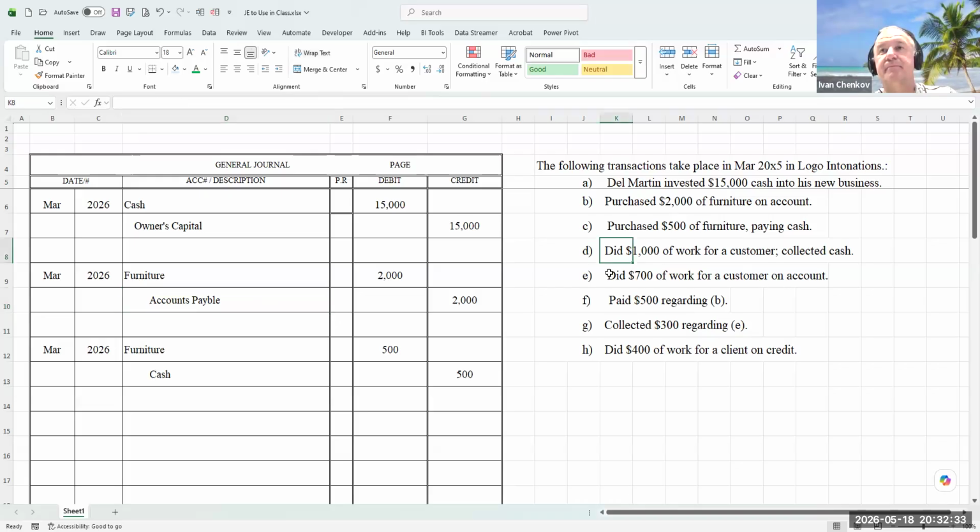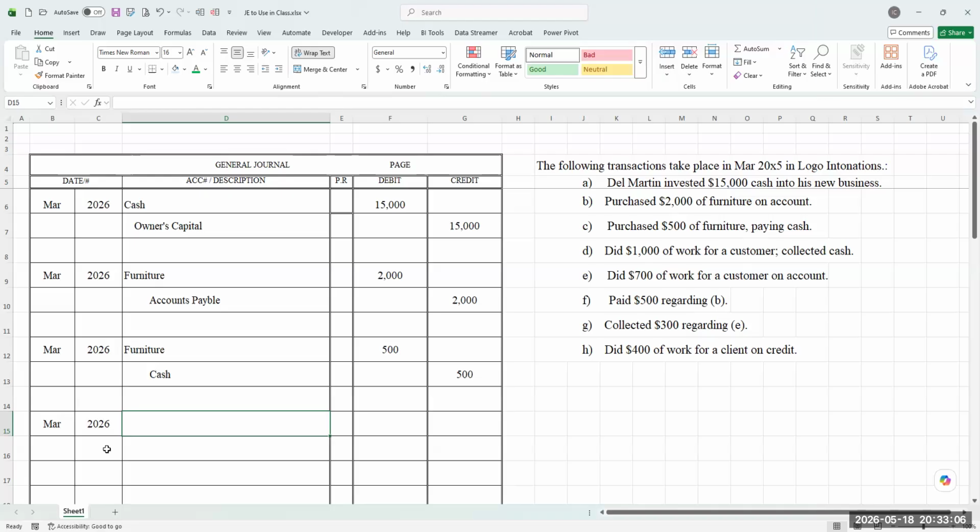Now, the person provides some work for the customer, and the customer pays cash, and the business collects the cash. What happened here? We provided the service for the customer. So let's stay first with this. What does the business get? Cash.